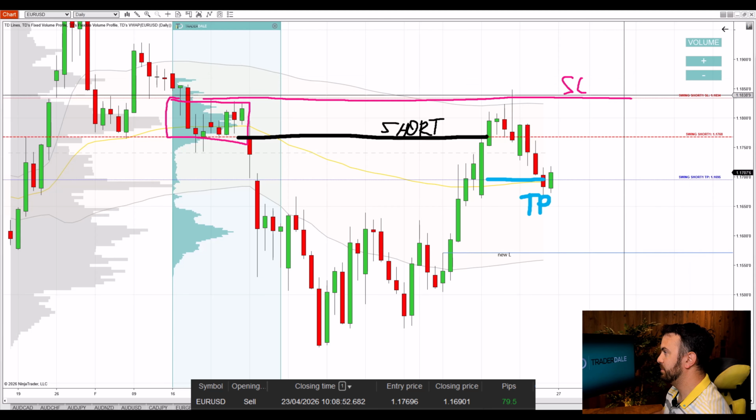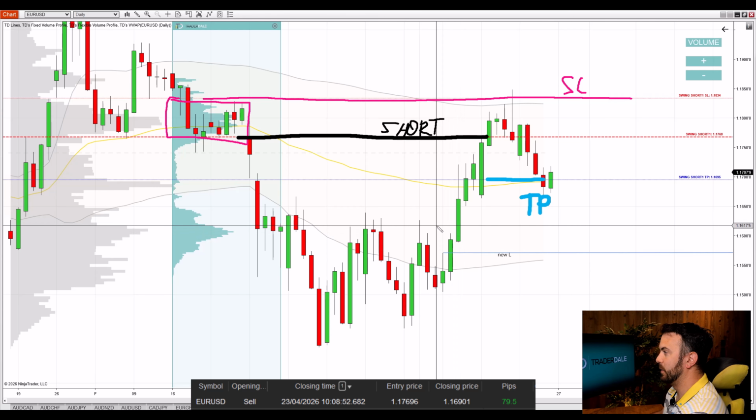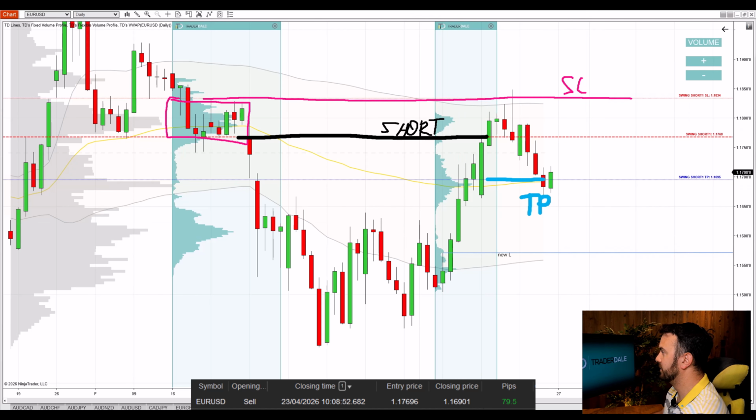And the reason for the take profit was that there was a significant volume zone standing in the way of this short. See this heavy volume cluster. So I wanted to quit the trade before the price reaches that heavy volume cluster, because chances are that the price will react to this volume cluster and go up like this. I didn't want to risk it. That's why I quit the trade in here.